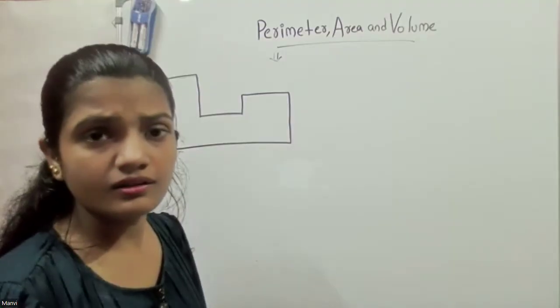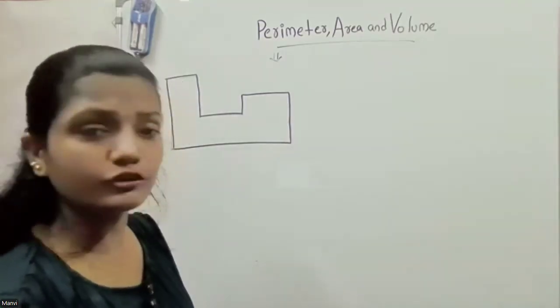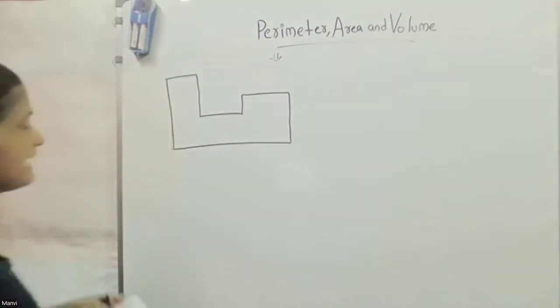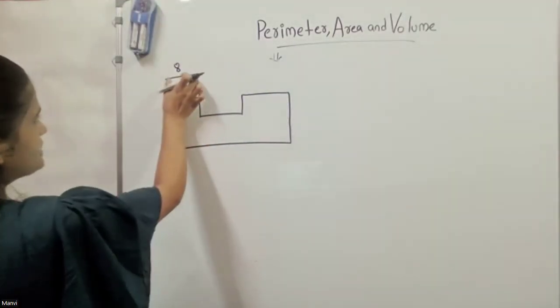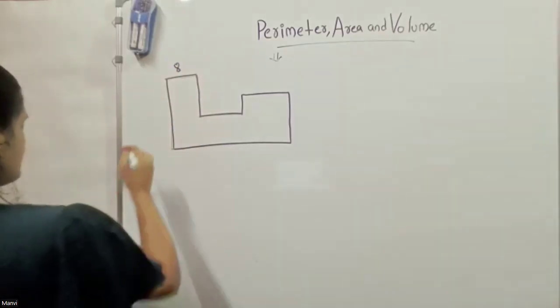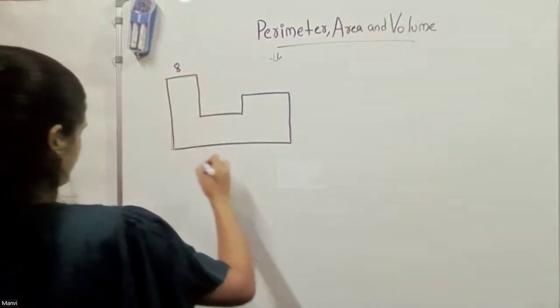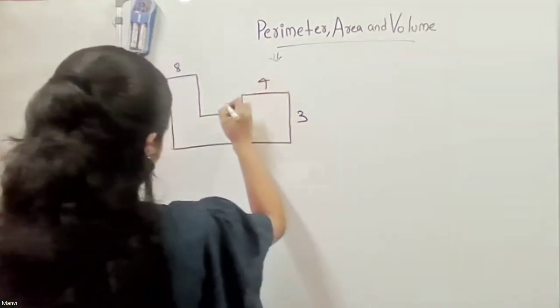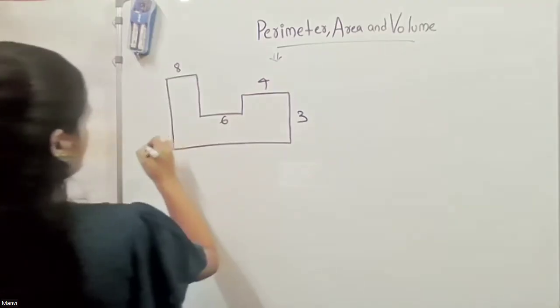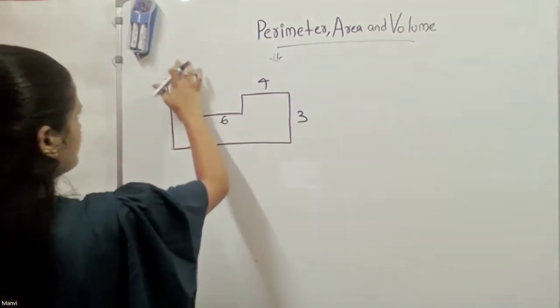Here I'm giving you the side length of each and every side. This length is 8 units. This one is maybe 3 units. This one is 4. That one is 6. The 8 is too big here, right?